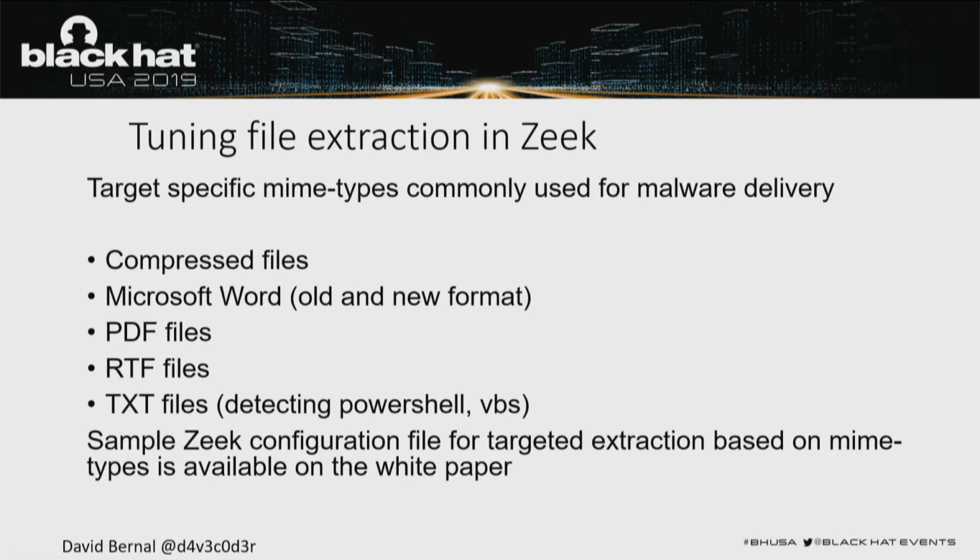If you're interested in how to do this, I also wrote a white paper that will be available on the Black Hat Media server, and that will have the exact configuration file that I use to extract very specific mime types. And as you can see, it is very clear to understand how it works, and you can easily extend it to add or remove any mime types.